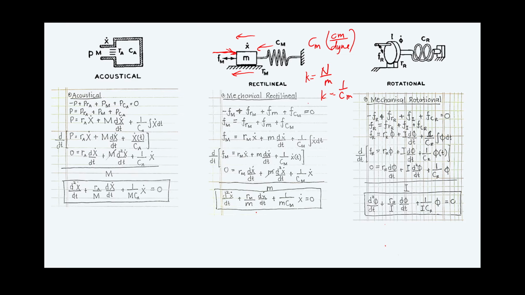Let's proceed with rectilinear. You have Fm. If you exert a force going to the right, the rest will exert a force opposing that direction, to the left. They should be equal, because the energy you exert on the block is the same energy you receive, or the response.